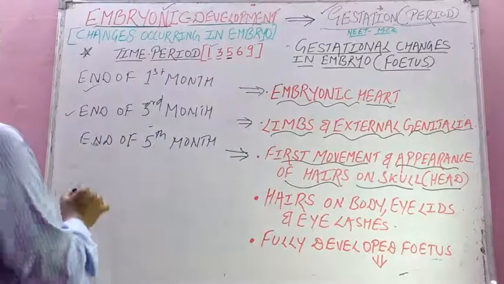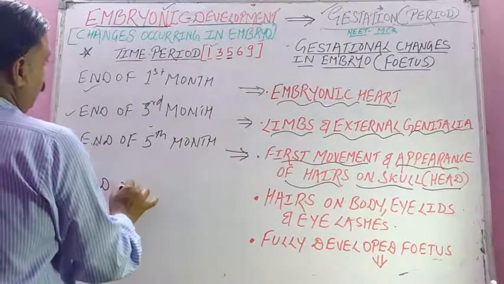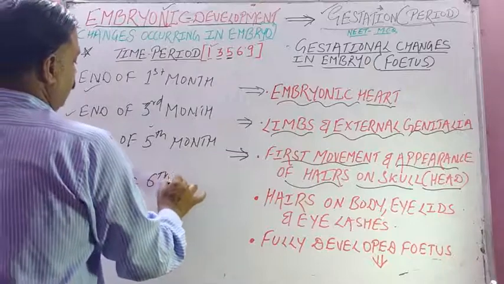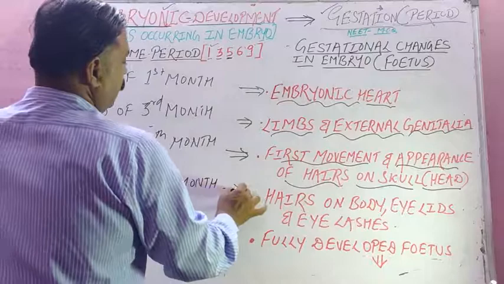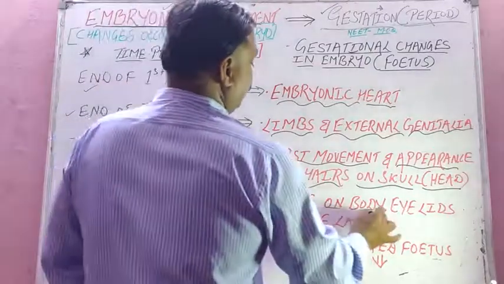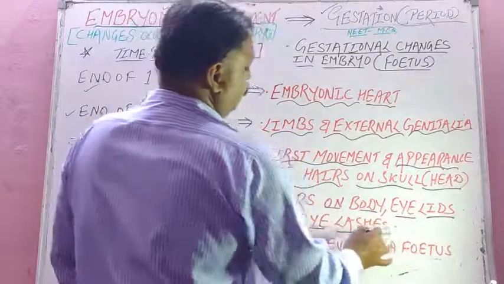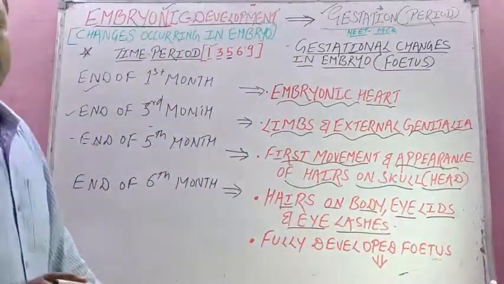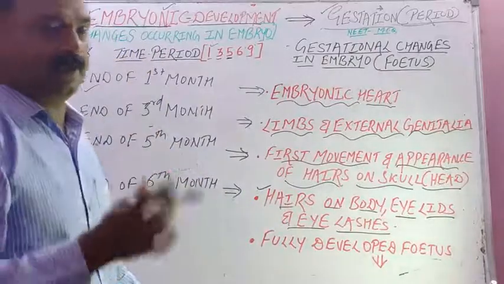Now 6, the end of the sixth month. What happens in the body of the fetus? Hairs on the body develop, eyelids appear and eyelashes develop on the eyelids.